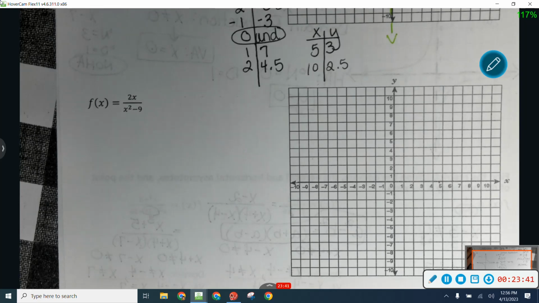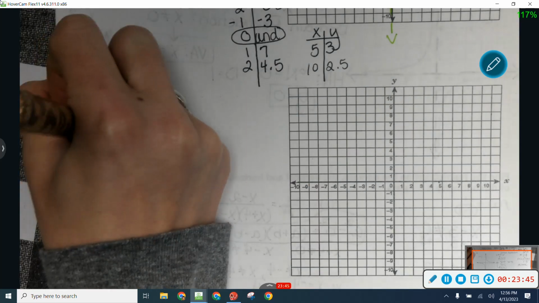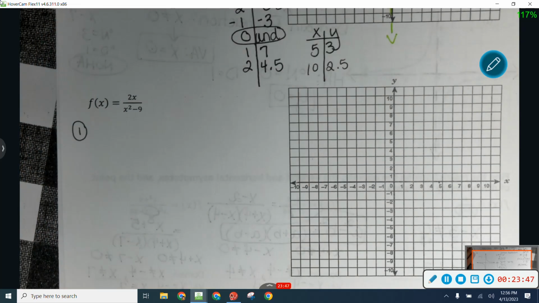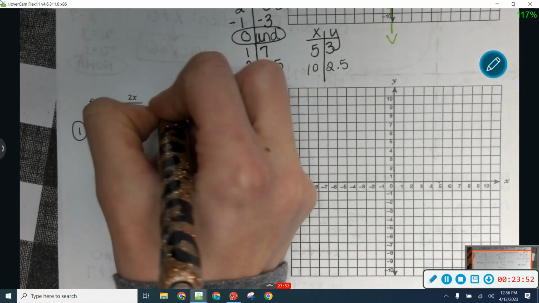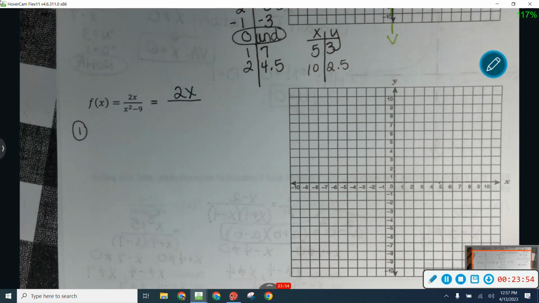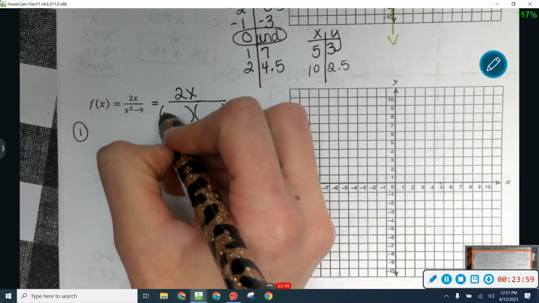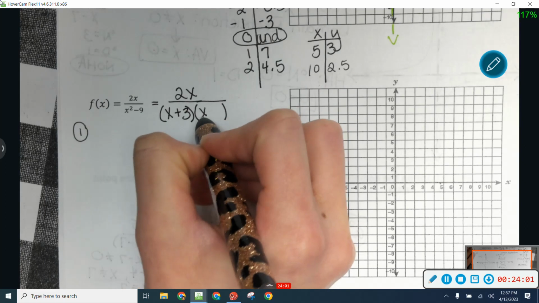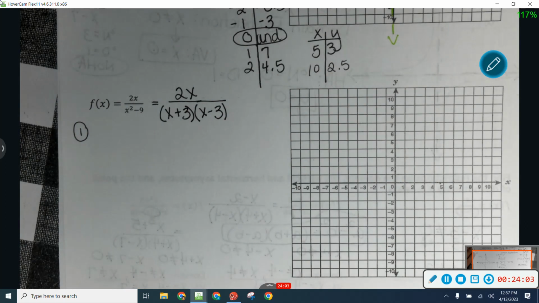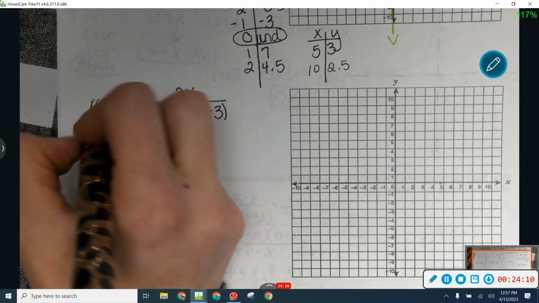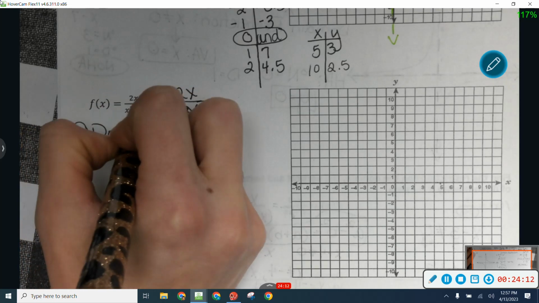All right, next problem. 2x over x squared minus 9. Before I can do the restriction on the domain, what do I have to do? I have to factor it. So x squared minus 9 factors into what? It doesn't matter if the plus or the minus comes first, as long as they're one and the other. So then I need to have my domain restriction.